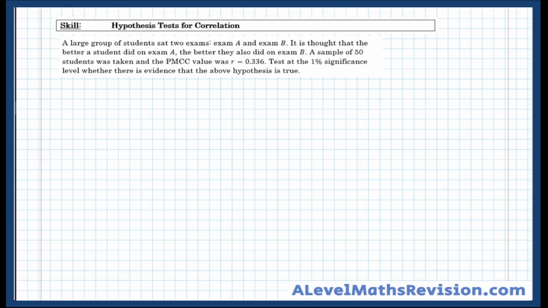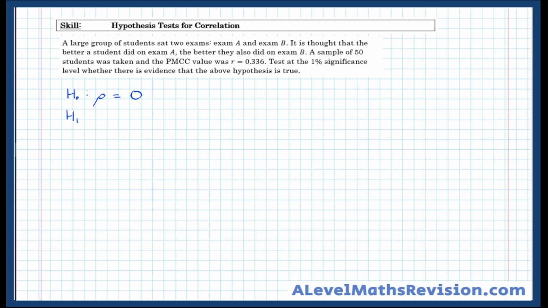So the first thing we should do is state the hypotheses. H0 is going to be, and we're going to use the Greek letter rho to represent a particular feature, which I'm going to spell out in a second. So H0 is rho equals 0. We always assume zero correlation to begin with.